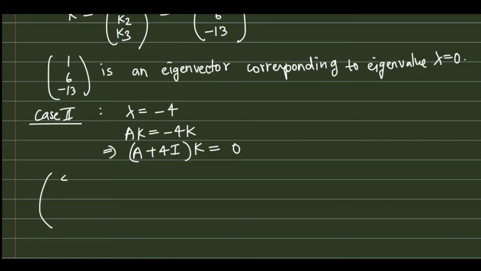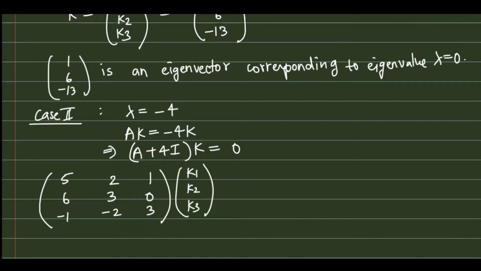So the matrix will be [5, 2, 1; 6, 3, 0; minus 1, minus 2, 3], and K we can take as K1, K2, K3 equal to 0, 0, 0.